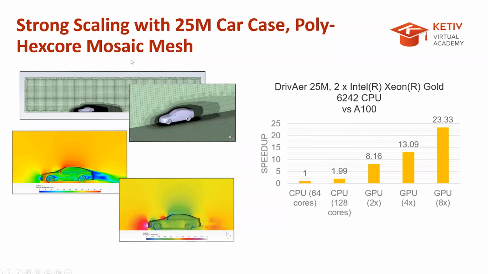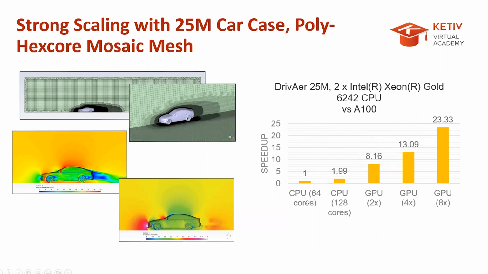Now, this is a 25 million cell external aero problem with a polyhex core mosaic mesh. Keep in mind that this is 25 million, so that is a higher mesh count than the previous case. And here, if you look at the scalability, as you keep adding more CPU or GPU cores, you will see that the scalability is a bit better as you keep increasing the mesh count.